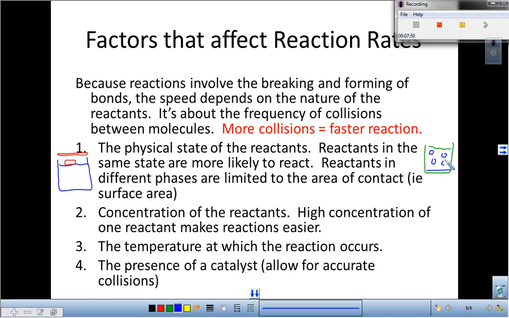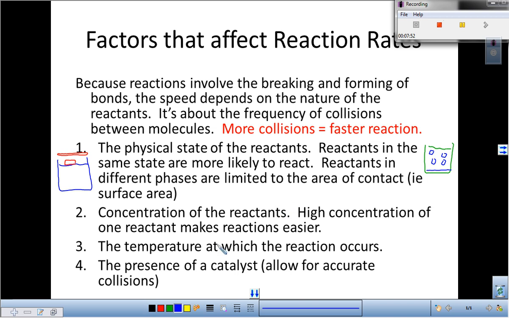And what are you doing? You're increasing the surface area. Exactly. Or you could get it hotter, and the heat will cause it to dissolve faster too. Alright? So, the physical state of your reactants will really dictate how quickly your reaction will occur.